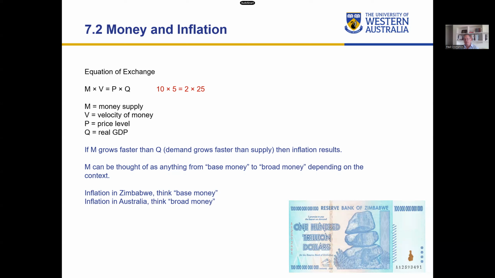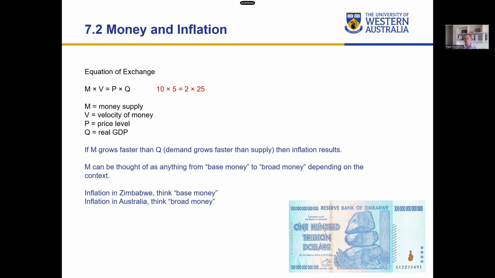But even if you've seen this equation of exchange before, if I then asked you, how is this equation of exchange tied into QE? How is it tied into more traditional monetary policy in Australia? You may then struggle to make the connections.